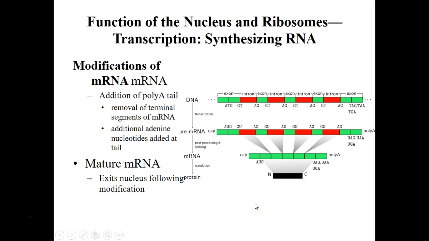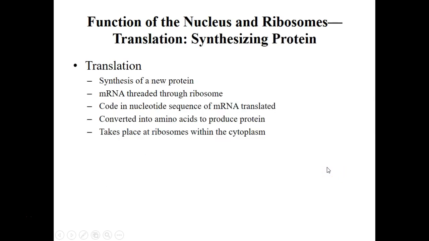So that would be a deletion of amino acids, and that can cause different disorders. And so the poly A tail helps to keep the ribosome on until you hit that stop codon that stops translation.